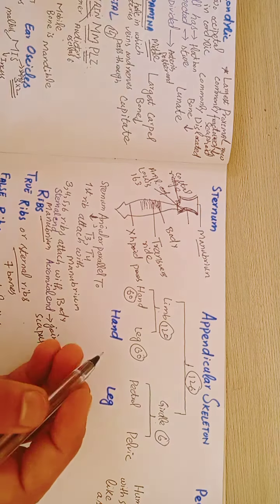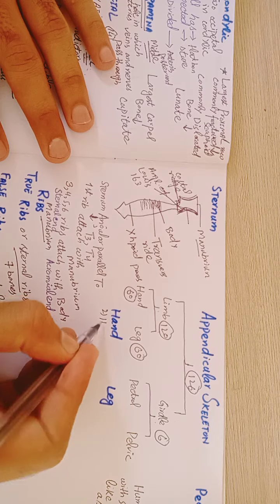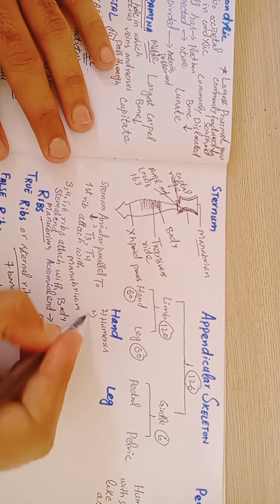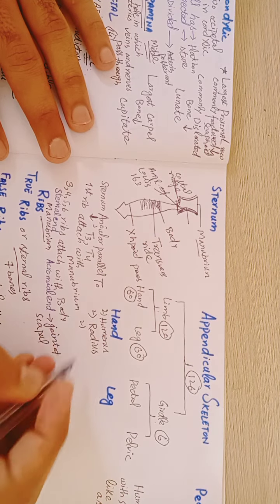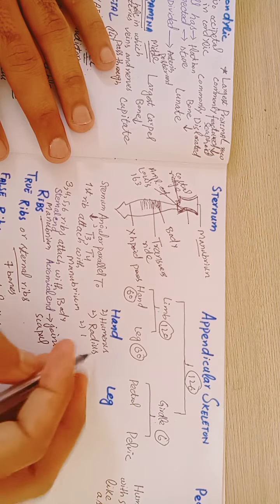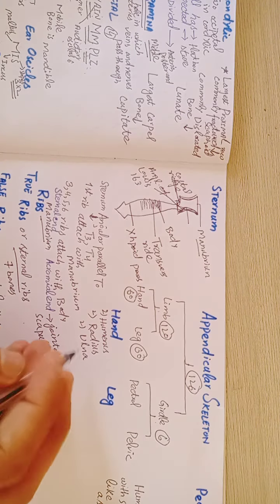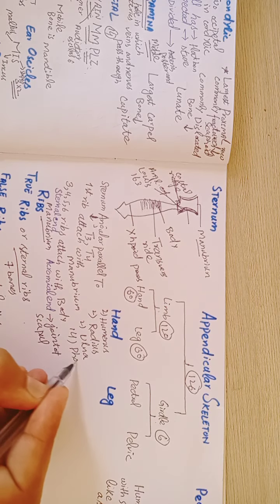In the hand: 2 humerus, 2 radius, 2 ulna, 14 phalanges.